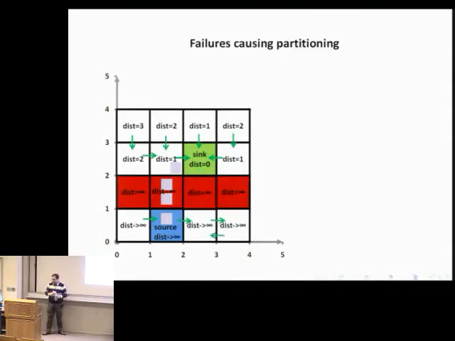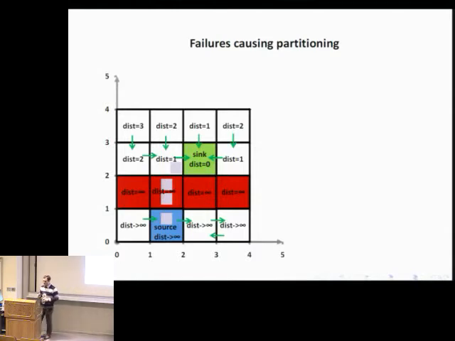Likewise, we can have failures that cause partitioning. What we're going to show in the proofs, we'll outline, is that any of the packets in a region that is still connected to the sink eventually get there. And the other thing, if you know the counting to infinity problem, these distances are going to count off to infinity, and these pointers of what they believe their next path is are going to keep changing.